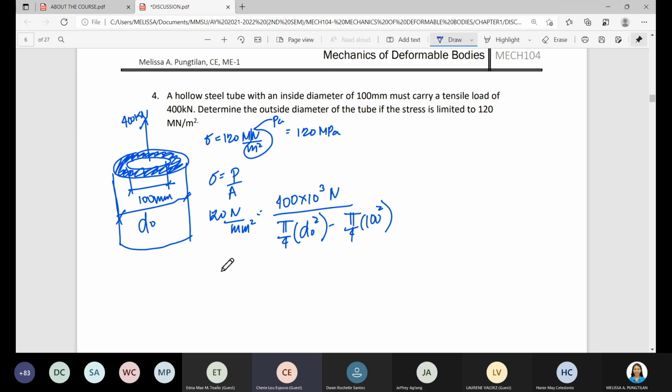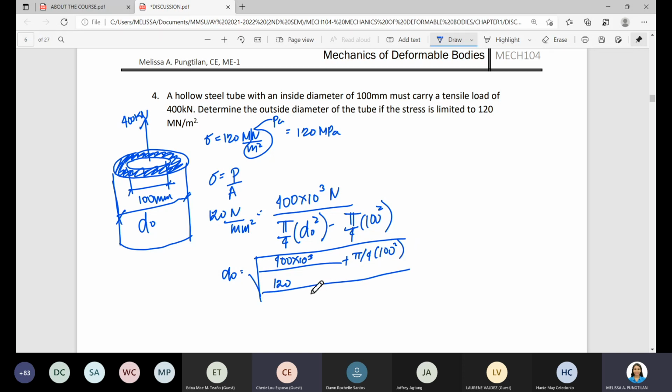Okay? So, gawin natin, simplify natin. So, the outside diameter is equal to square root of, pwede nyo lang i-direct to sa calculator nyo, 120 plus pi all over 4 of 100 squared divided by pi all over 4. Tama ba?